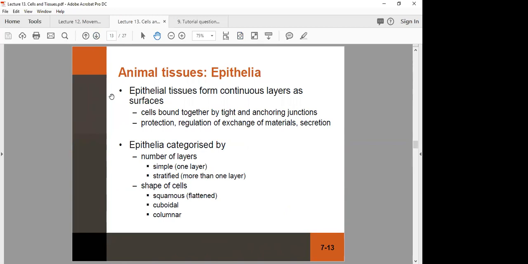All right, now let's take a look at the major tissue types in animals. There are four major categories of tissues. The first one shown here is the epithelial tissue. Epithelial tissue forms continuous layers as surfaces.